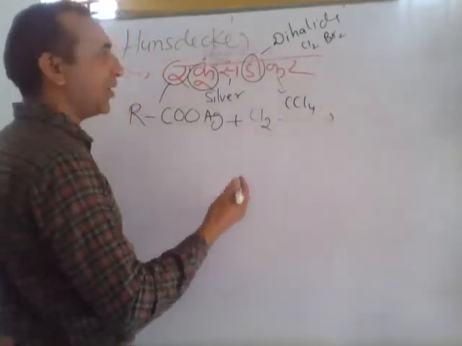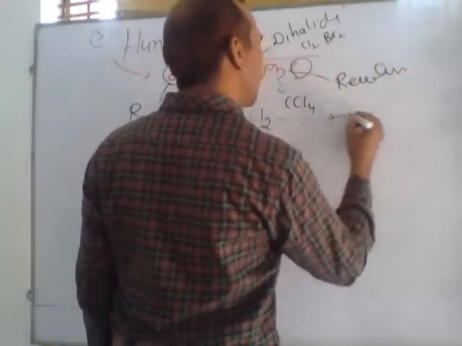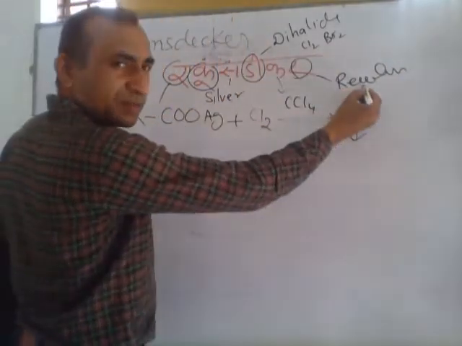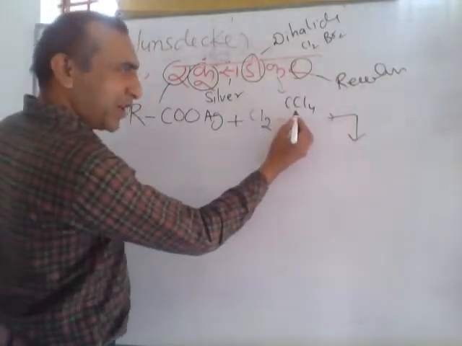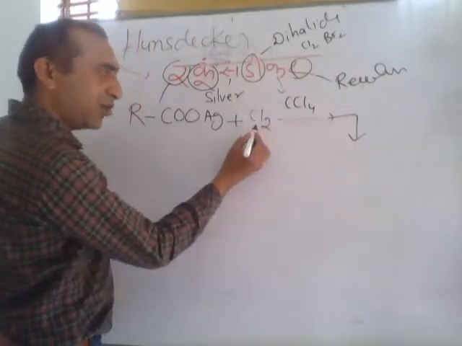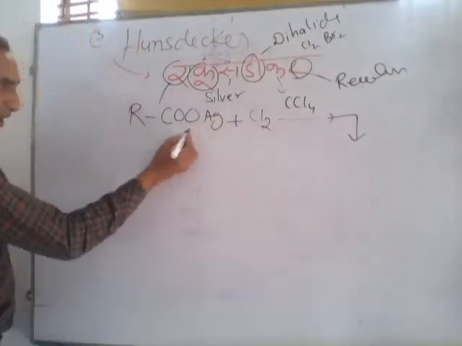CCl4 is used as a solvent and R is for reaction. So for the Hunsdiecker reaction, we can say it is the reaction in which, in presence of CCl4, chlorine or bromine reacts with the silver salt of a carboxylic acid.